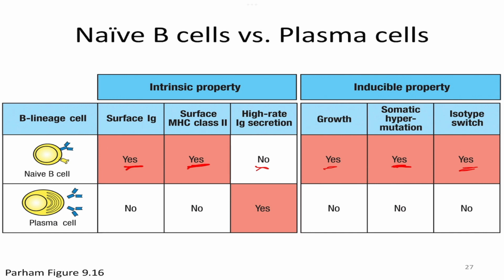One thing that's really great about thinking about the enzyme and these processes is we have learned it's the same enzyme that does both somatic hypermutation and class switch recombination. And so this is one enzyme that has to get turned on during the germinal center reaction, and it will lead to both of these processes.